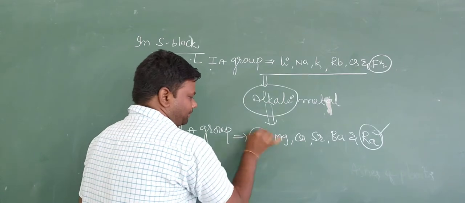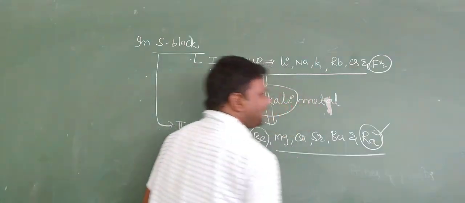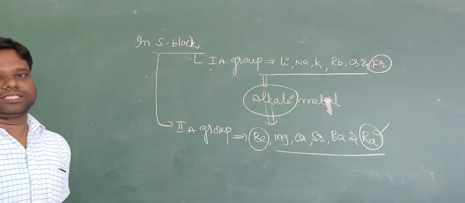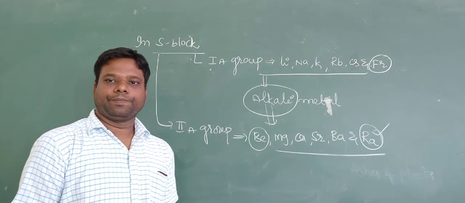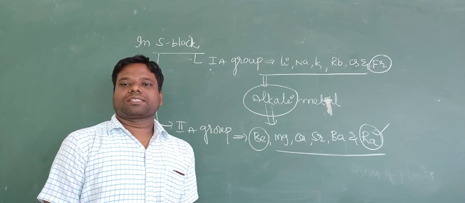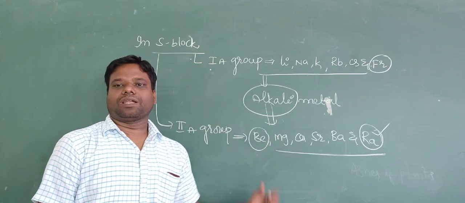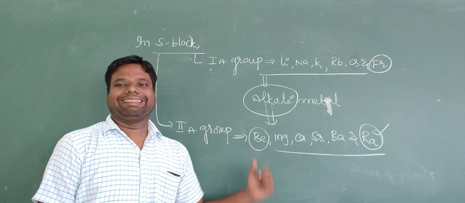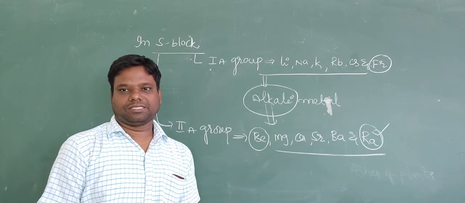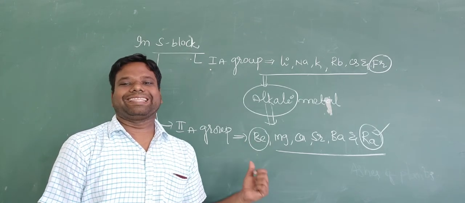Except beryllium, the rest of the elements are also called alkaline earth metals because their oxides and hydroxides are alkaline in nature and their oxides are found in the earth's crust.